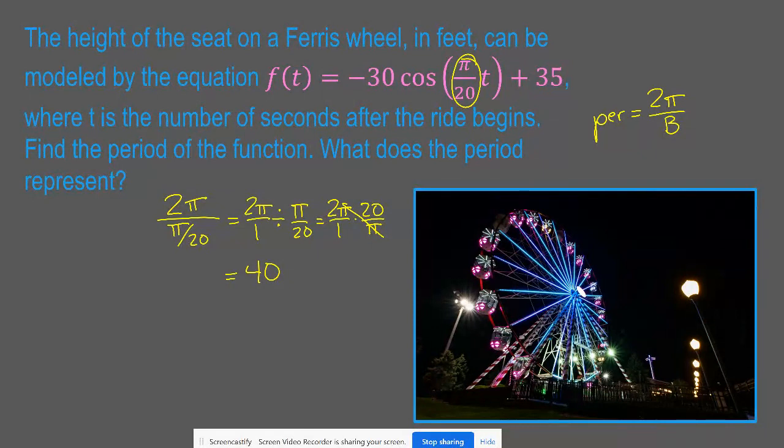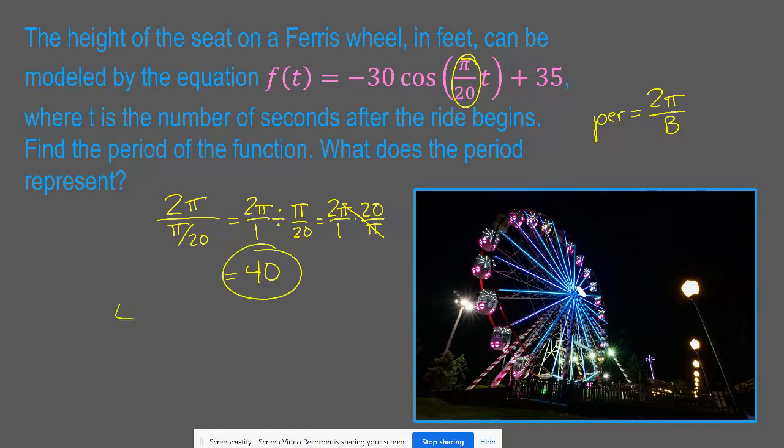So the question is, 40 is our period. What does that represent? And so our period is how long or how far along on the x-axis does it take for our function to run through one full cycle. So for a Ferris wheel, one full cycle is how long does it take that Ferris wheel to go all the way around. So in this case, our answer is 40.